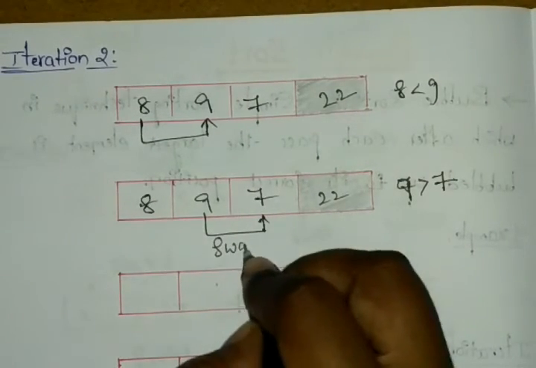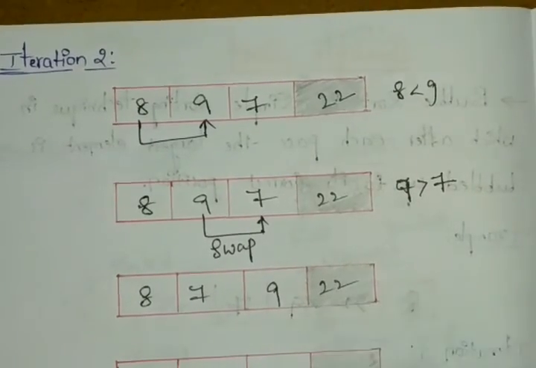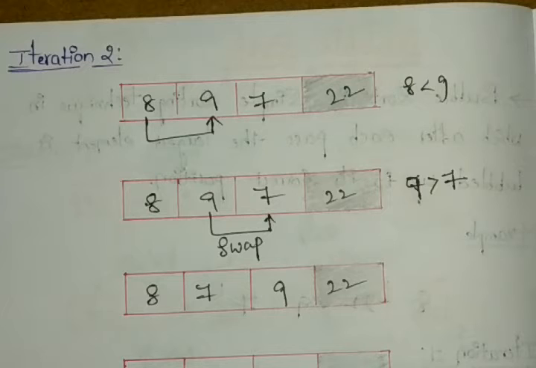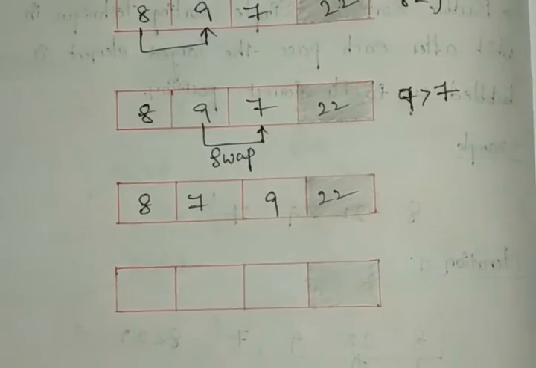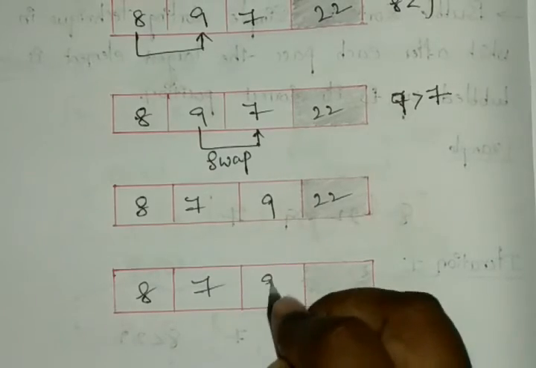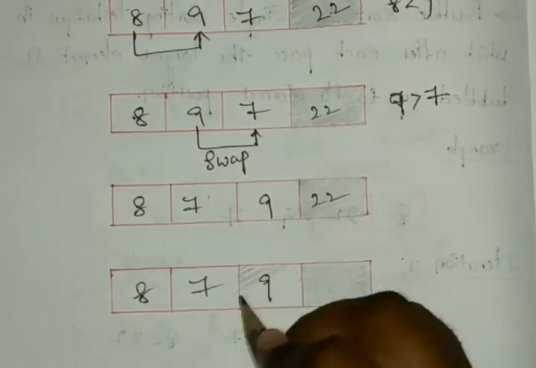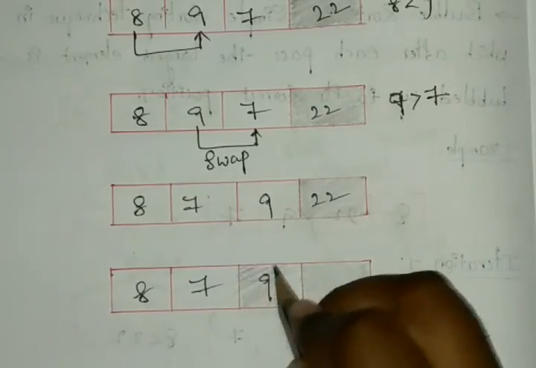Now we have 8, 7 and 9. After that, 9 will be bubbled. After 22, 9 is the largest compared to all the remaining elements, so 9 will be bubbled into the next position. In all the cases you need to bubble like this.